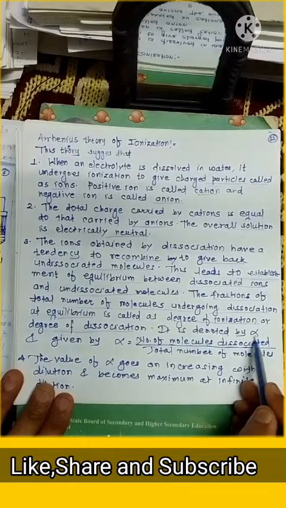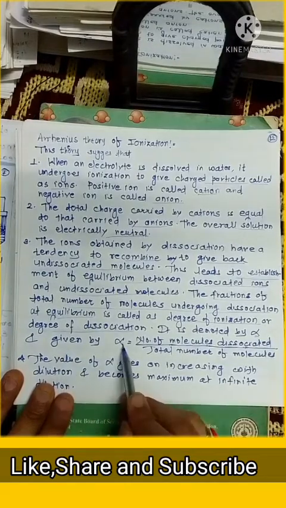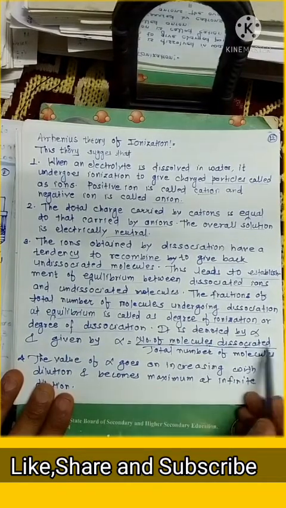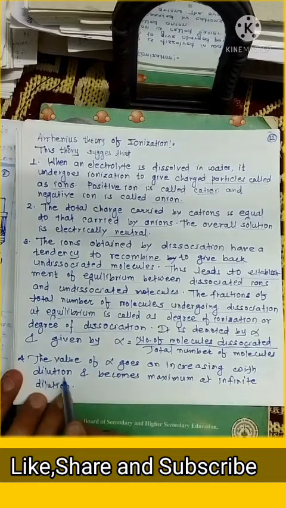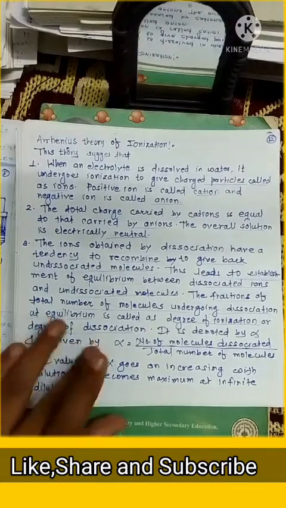It is denoted by alpha. So alpha is equal to the number of molecules dissociated divided by the total number of molecules. The value of alpha goes on increasing with dilution and becomes maximum at infinite dilution.